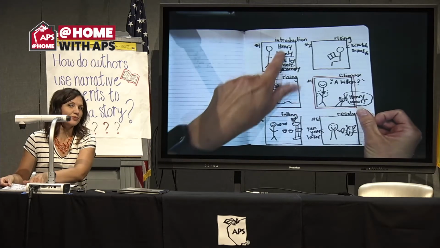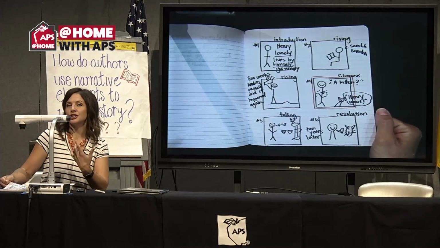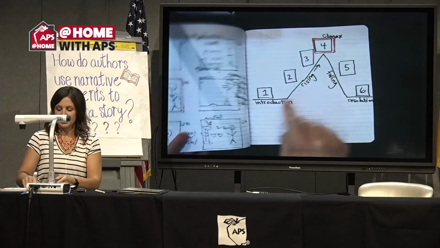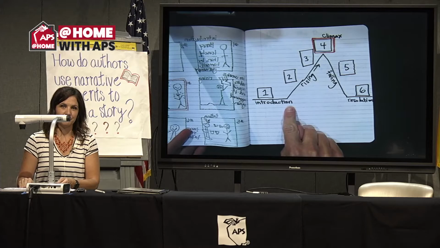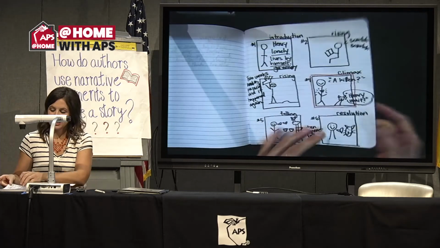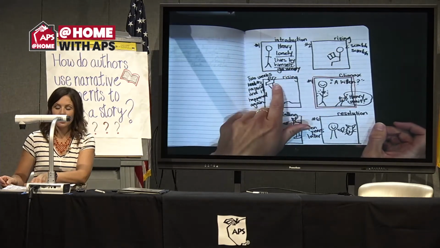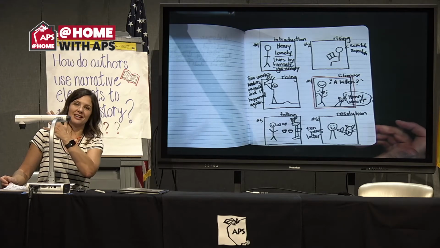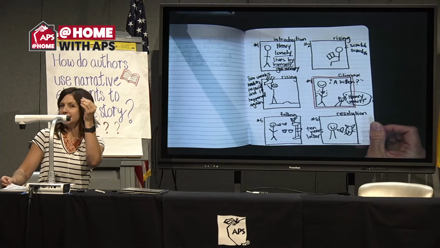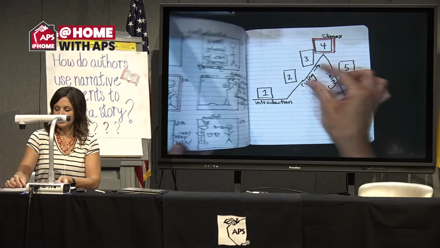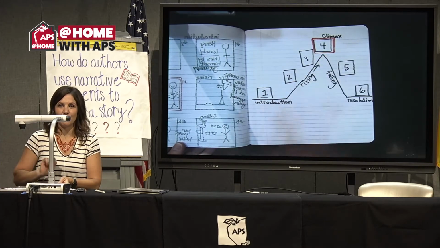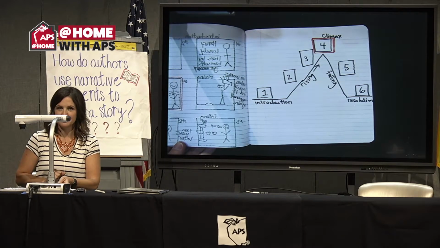Scene 1 is where I introduce my character and my settings. That's called my introduction. Scenes 2 and 3 are called rising action. That's when I start building up. Scenes 2 and 3 are rising action scenes.